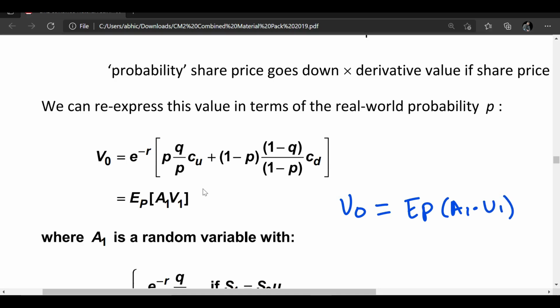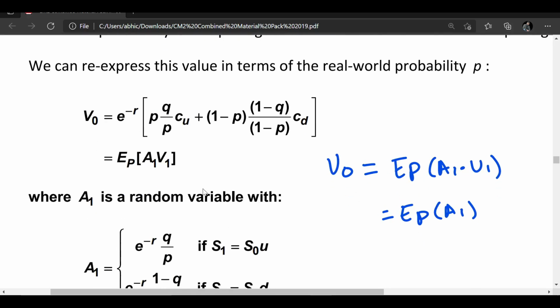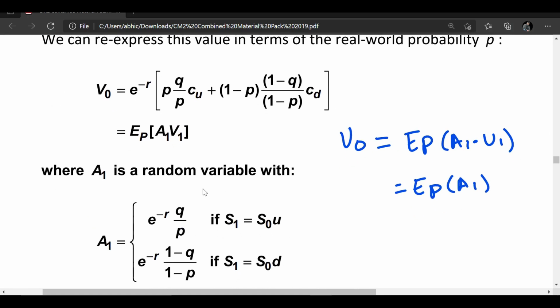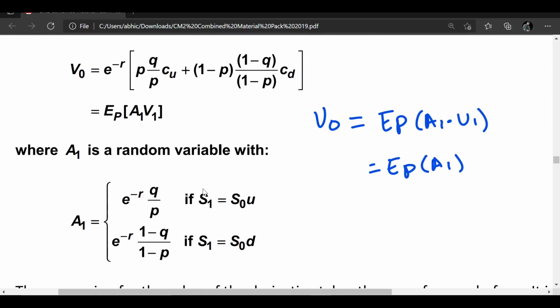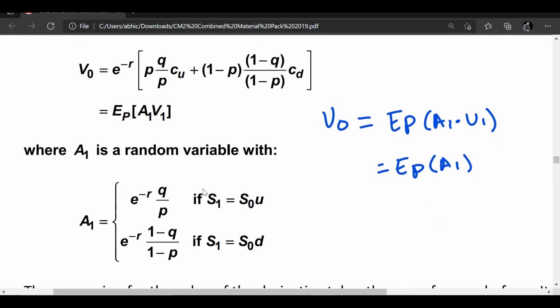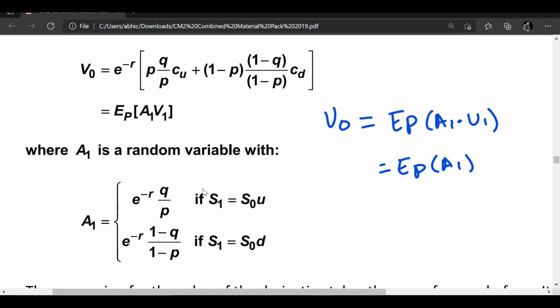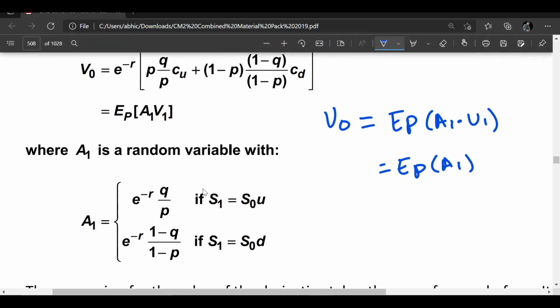Now let me put V1 equal to 1, so this will just become EP A1, because V1 is a constant and that's just 1, right? And now what is EP A1? If I am to take the expectation of just the state price deflator, obviously under the real world probability, it will be equal to e to the power of minus r q by p under the real world probability.